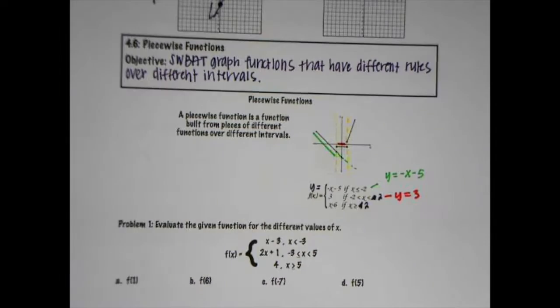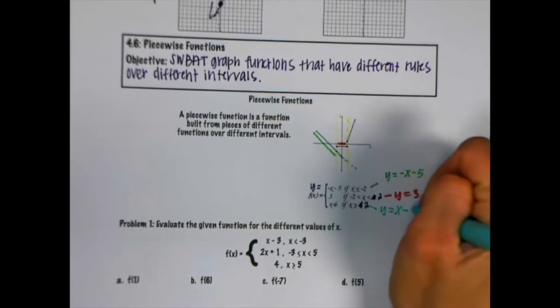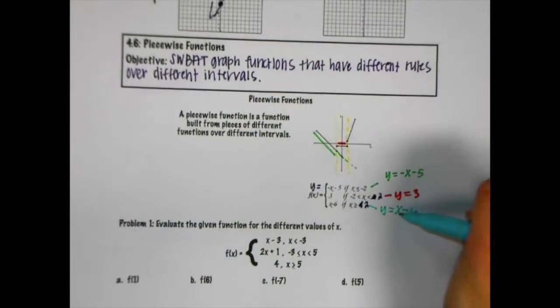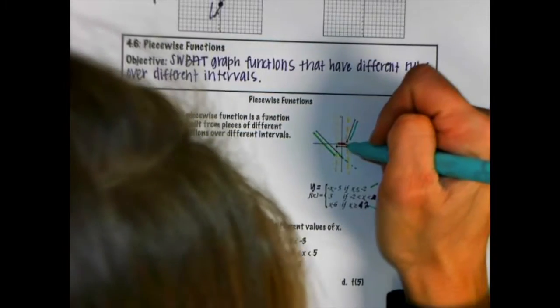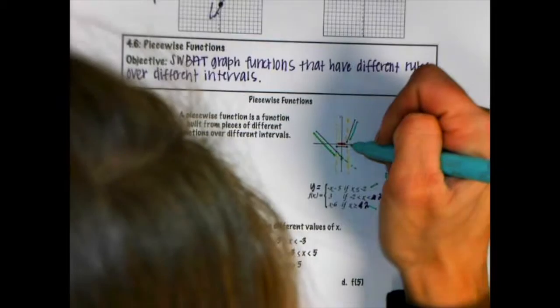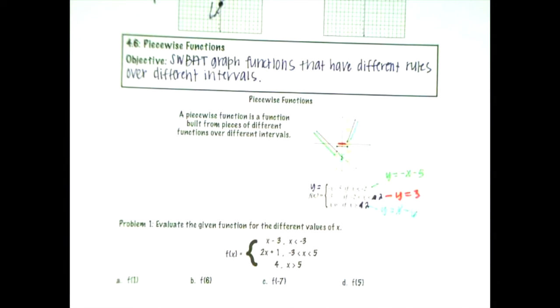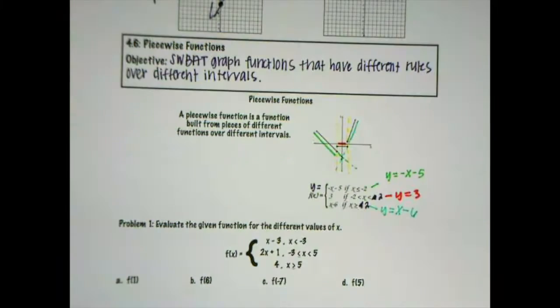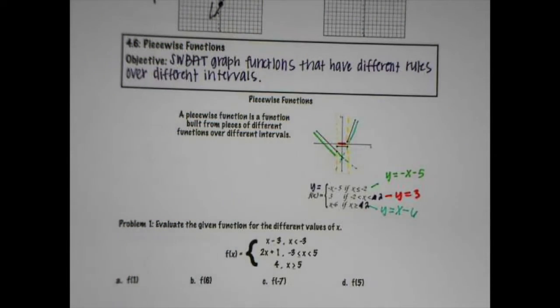And then your last line is y equals x minus 6. So that's a +1 slope, -6 y-intercept. That's this line. If I were to continue this, it would go through -6 right here. But just that piece of the graph got erased. It's only allowed to exist from +2 over. Does that kind of make sense?